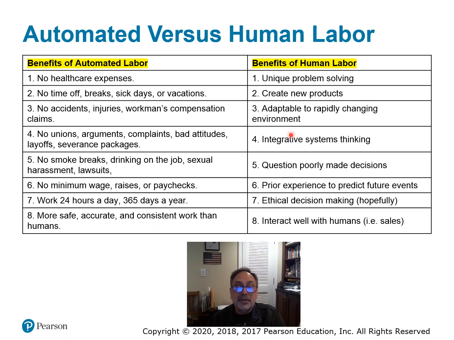And the benefits of human labor: unique problem solving. AI is catching up to us on that, right? Create new products. Again, I think you'll see AI doing some of this, with humans working with them to do that. Adaptability to a rapidly changing environment. We're going to see a lot of AI be able to do a lot of this. Question poorly made decisions. Hopefully AI will do some of that as well.